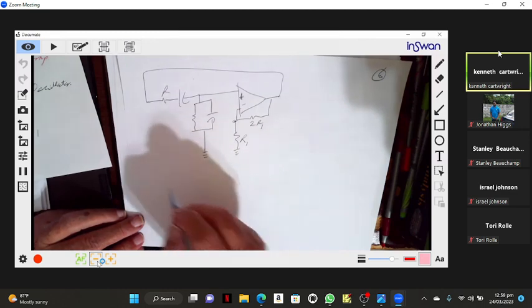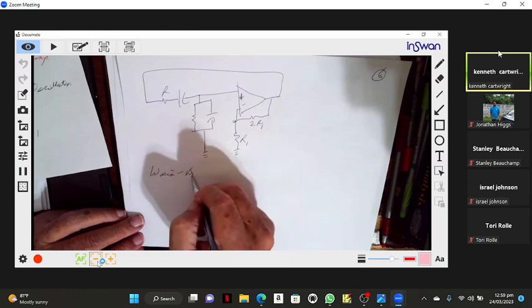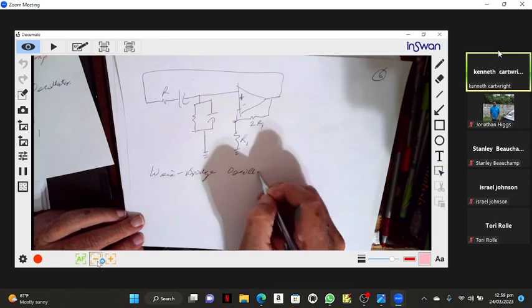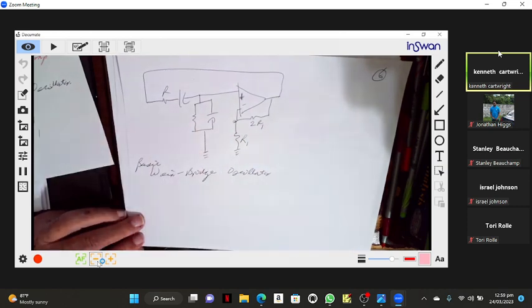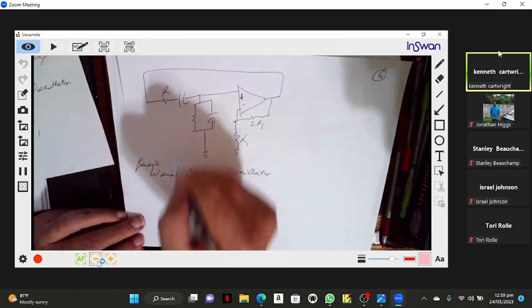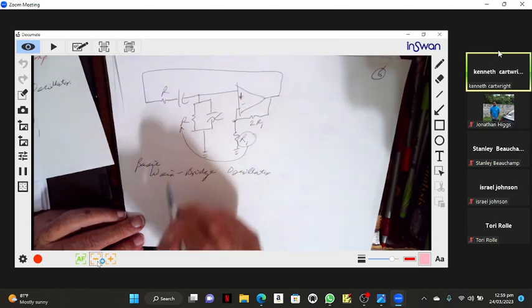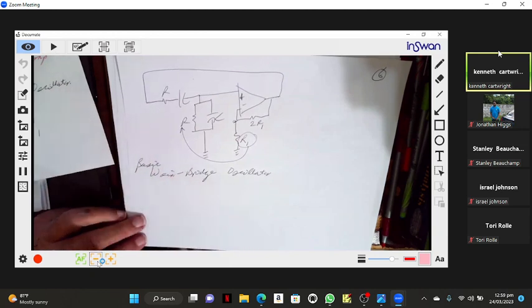So this is a Wien bridge oscillator. I should say a basic Wien bridge oscillator. And note, this R does not have to be the same as that R. Some of y'all made that same mistake on the homework you just turned in.